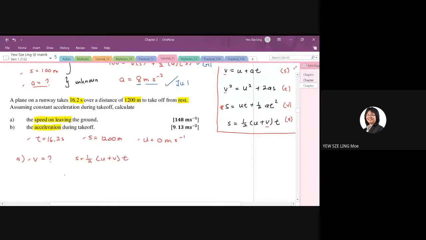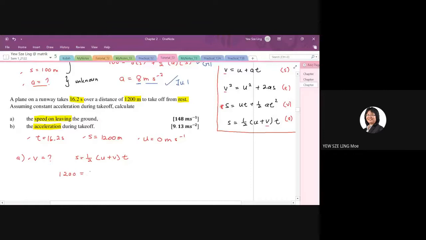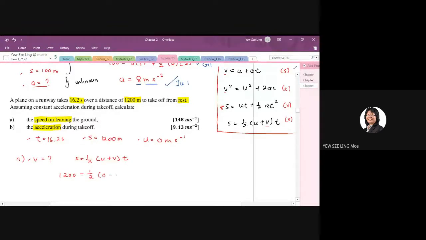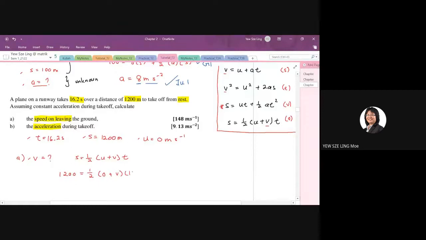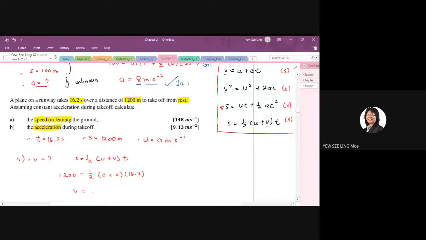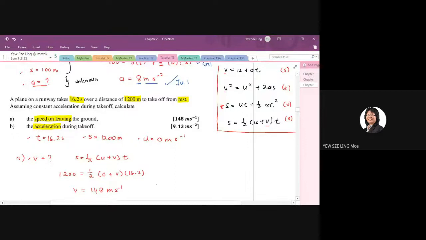So s is 1,200 equals 1/2 times (u is 0 plus v) times 16.2. Rearrange the equation, your final velocity v is 148 meters per second. Again, this one is a 2 marks question. Substitution 1 mark. Final answer with correct unit 1 mark.